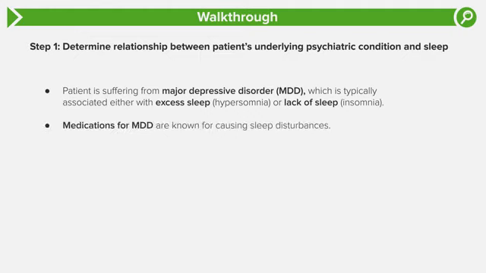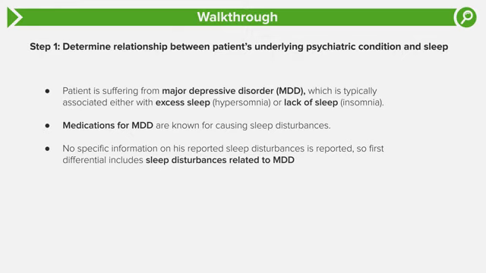Now, it's interesting. Medications for major depressive disorder are actually known to cause sleep disturbances. Now, there is no specific information in the clinical vignette that is reported regarding sleep disturbances.